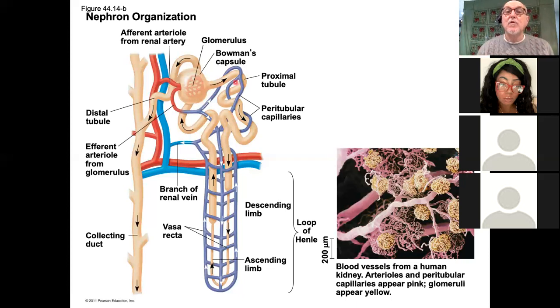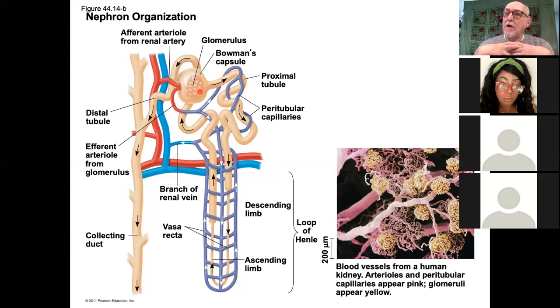Because the fluid leaks out and is gathered up by this Bowman's capsule, it's under some pressure. And it actually moves through the tubular system. As more and more fluid leaks out here, it's pushed through this tubular system. Basically, you can think of it that all that is filtered out is everything except the blood corpuscles, things like that. And some very large proteins don't get filtered across.